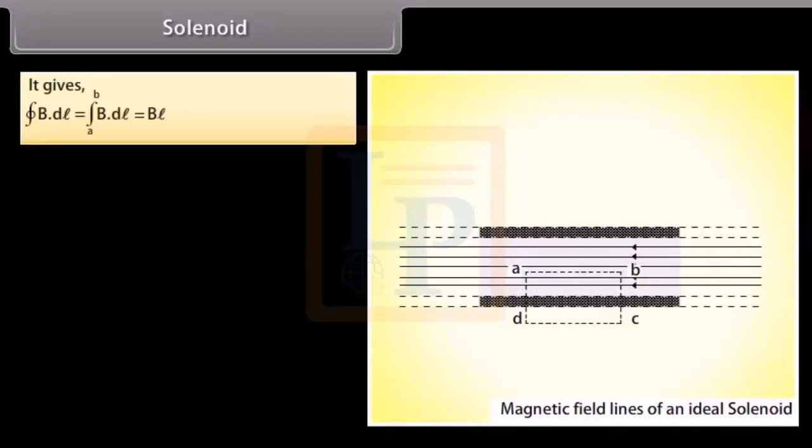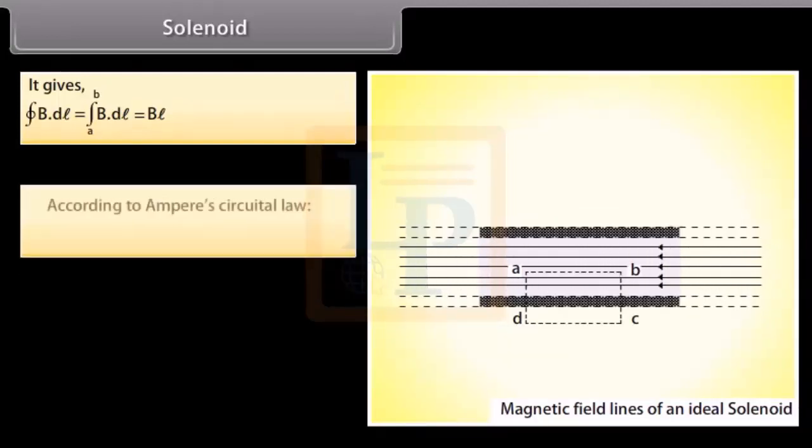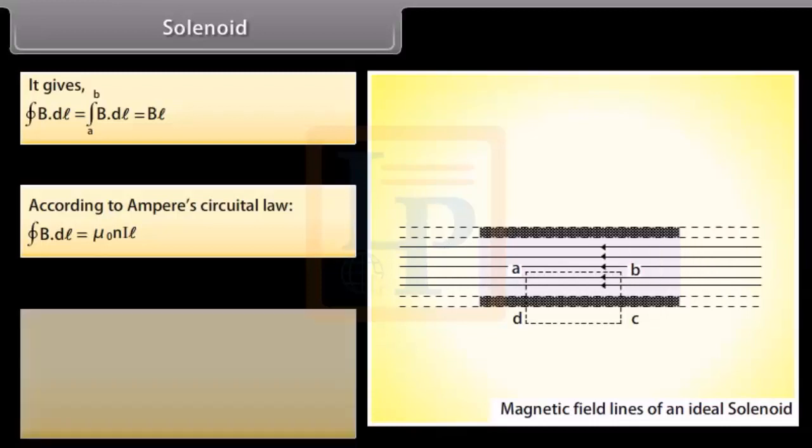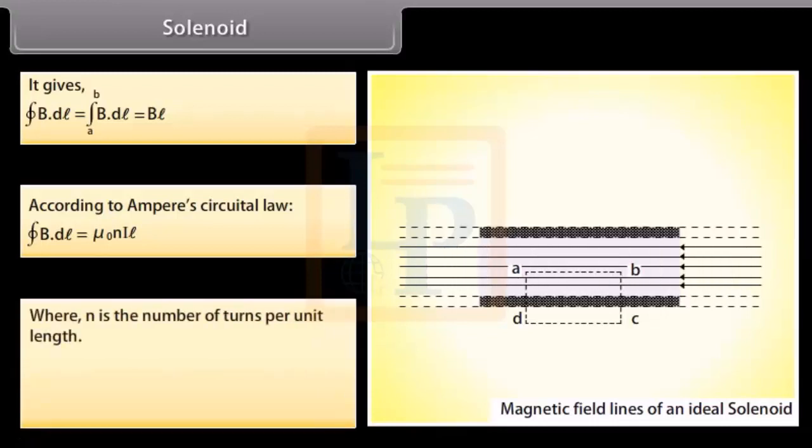It gives closed integral of B dot dl is equal to integration from a to b of B dot dl, which is equal to BL. According to Ampere's circuital law, closed integral of B dot dl is equal to mu naught nIL, where n is the number of turns per unit length. From the above two equations we get the result B is equal to mu naught nI.